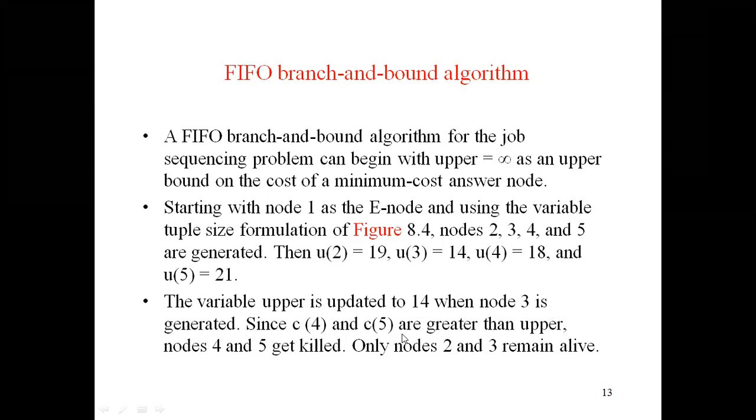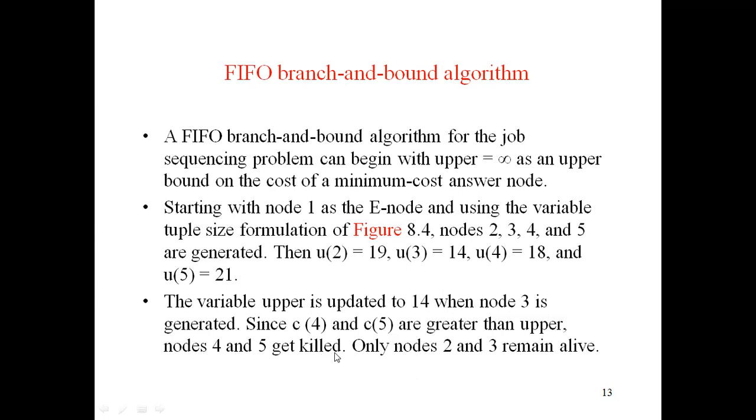Since C of 4 and C of 5, that is the cost of 4 and the cost of 5, are greater than upper, since the upper value is 14 here, nodes 4 and 5 get killed.